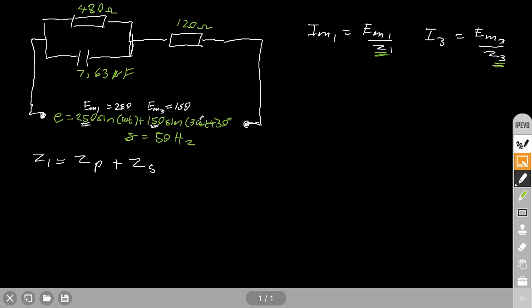So when you are calculating this kind of question, the first thing we must find is the reactance of your capacitor 1, which is 1 over 2 pi f C. Then here you have 2 pi, our frequency is 50, and then you write your capacitance, which is 7.63 times 10 to the power negative 6.